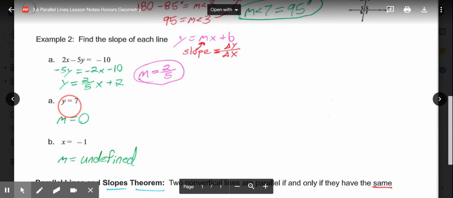So if y ever equals a number, we have a horizontal line, and the slope of any horizontal line is 0. If x equals a number, then we have a vertical line, and the slope of a vertical line is always undefined. So horizontal line, slope is always 0. Vertical line, slope is undefined.